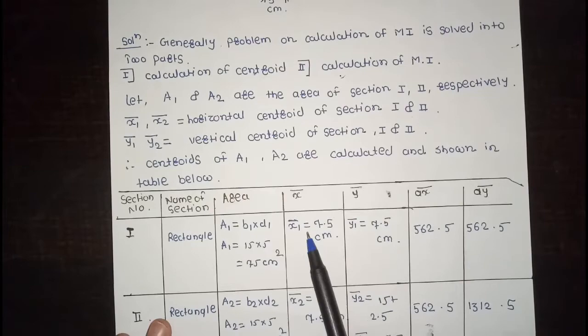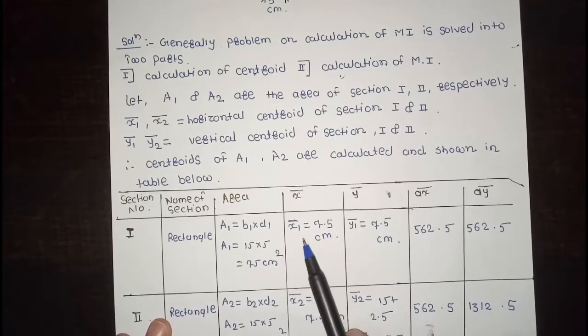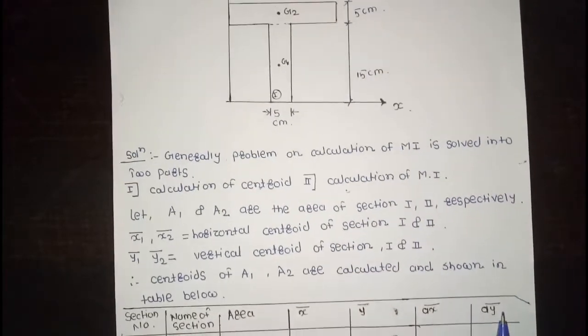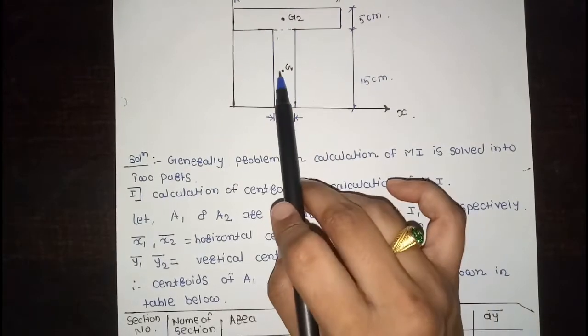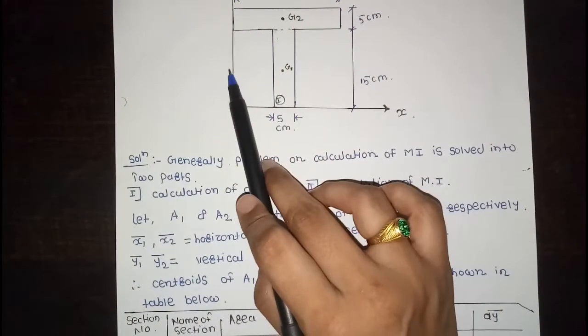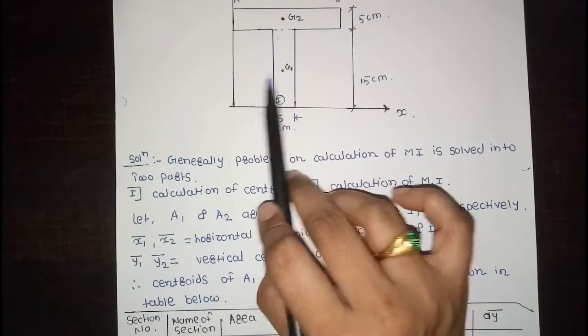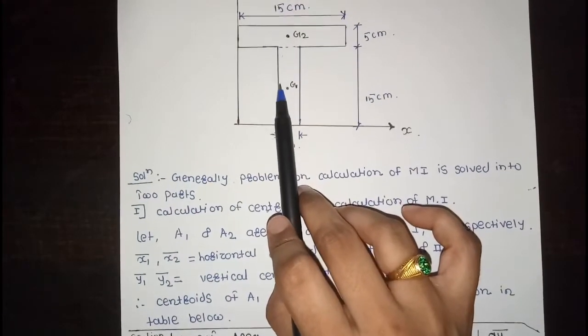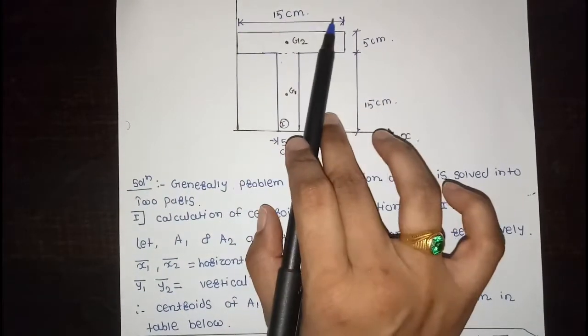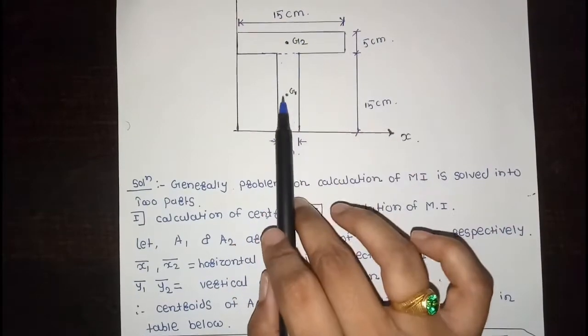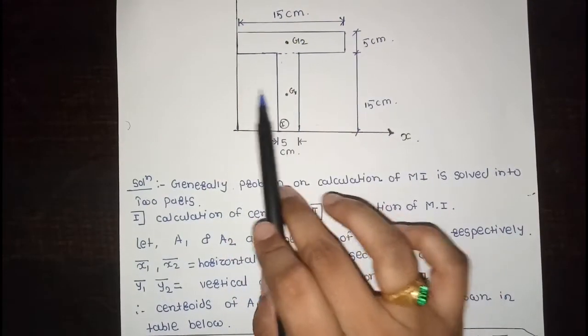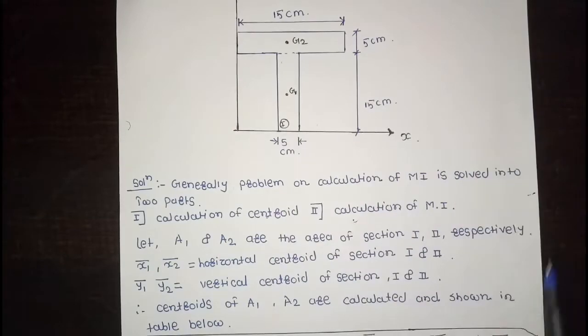Then calculate X bar. What is meant by X1 bar? X1 bar means the distance between point G1 and the base of the y-axis. The total distance is 15 centimeter, so half the distance is 7.5 centimeter.